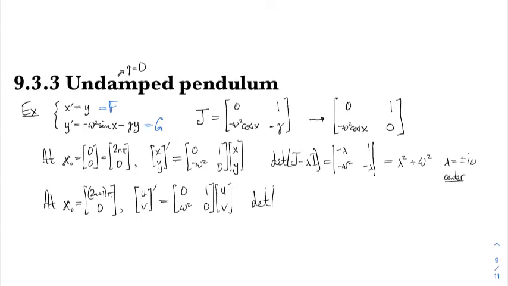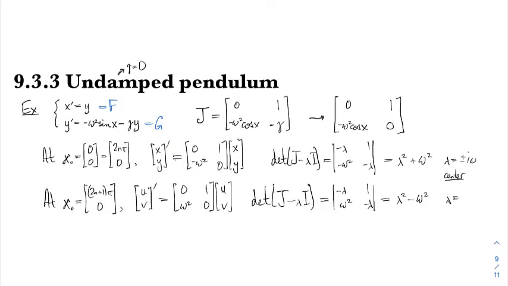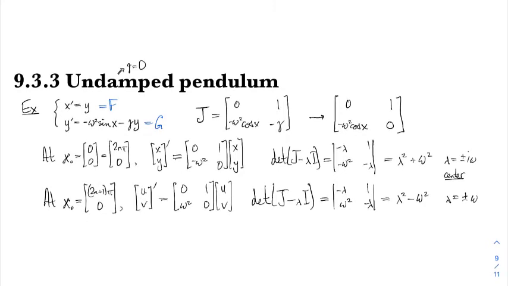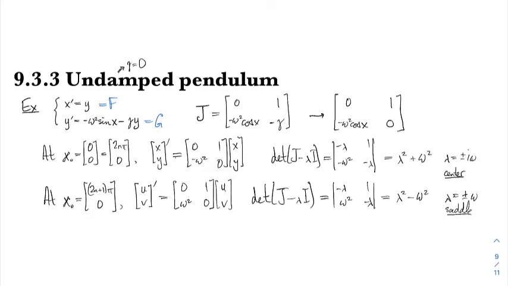And when we go to find the eigenvalues, the only difference is that this time we have positive omega squared. And so we have lambda squared minus omega squared, which by the difference of squares formula tells us that lambda is plus or minus omega. One of those is going to be positive and the other one negative. So we have roots with different signs, which means we're going to have a saddle. So the odd ones behave like saddles.